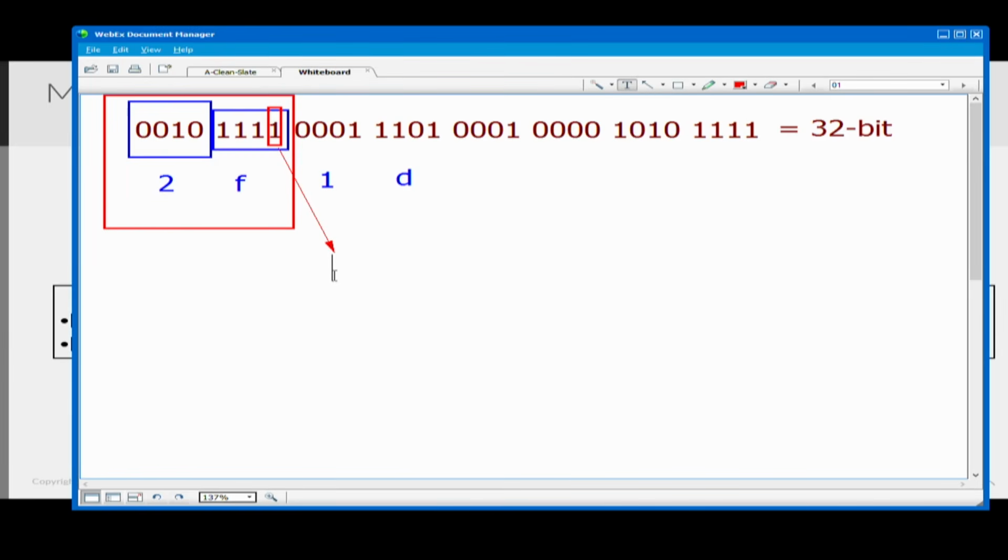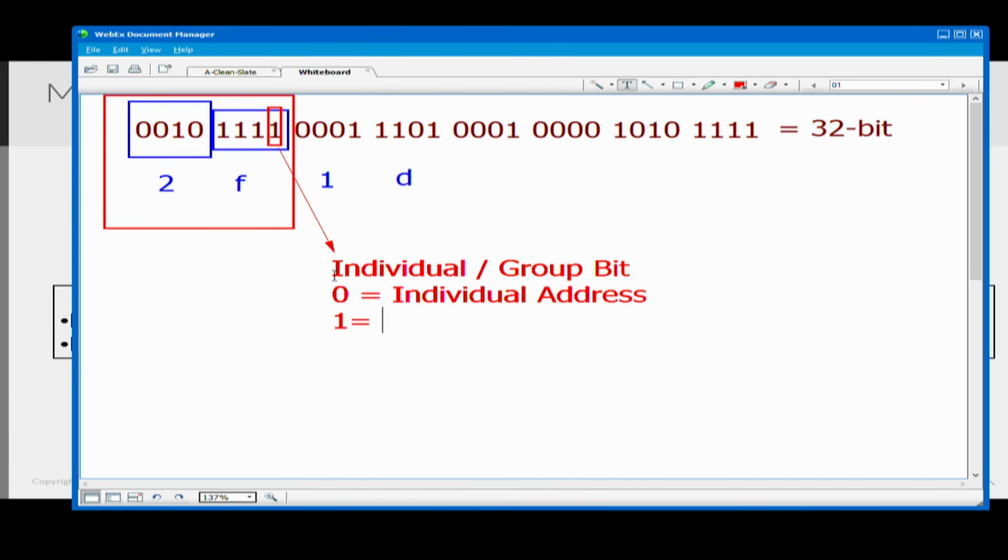That is called the individual/group bit. If that bit is a 0, that means this MAC address belongs to an individual device. This is a unique MAC address that doesn't belong to anybody else. Clearly, this one is not a 0. If it's a 1, that means this MAC address is a group address.